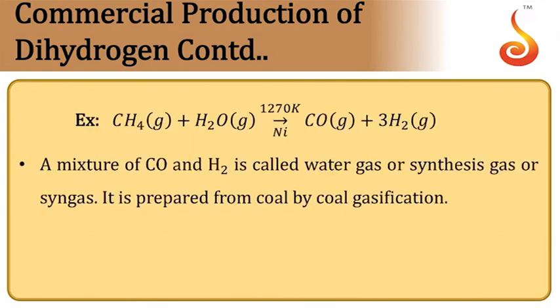Hydrocarbon with steam at very high temperature gives a mixture of CO and H2. This mixture of CO and H2 is called water gas or synthesis gas or syngas. Once you get this mixture, we can separate carbon monoxide and get hydrogen gas.